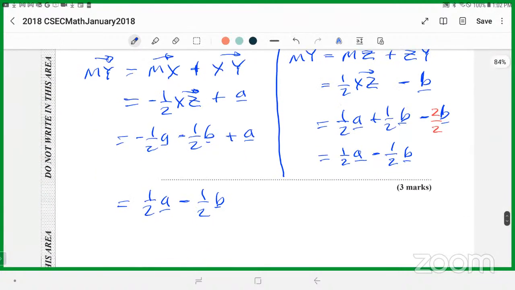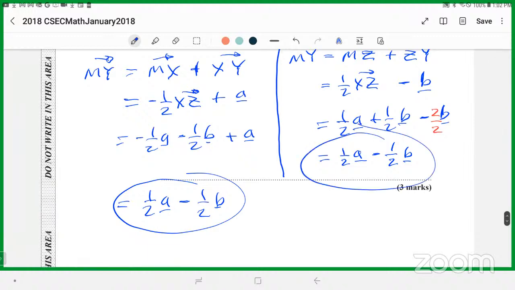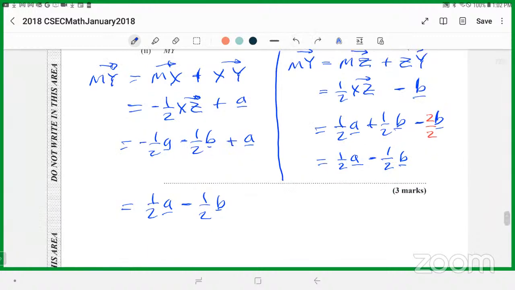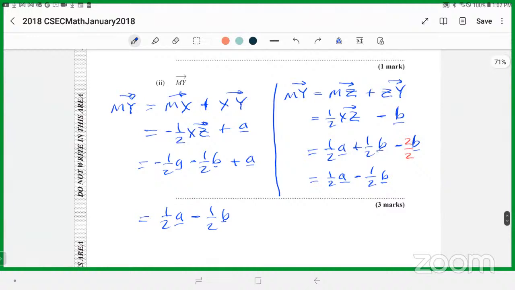Same answer, even though we went the other way. So you see, guys, vectors is just how you go around the diagram from point to point. If you go along the vector directions that you know, the answer is going to be the same. It doesn't matter which route you take. Once you start at one point, you go around the diagram.